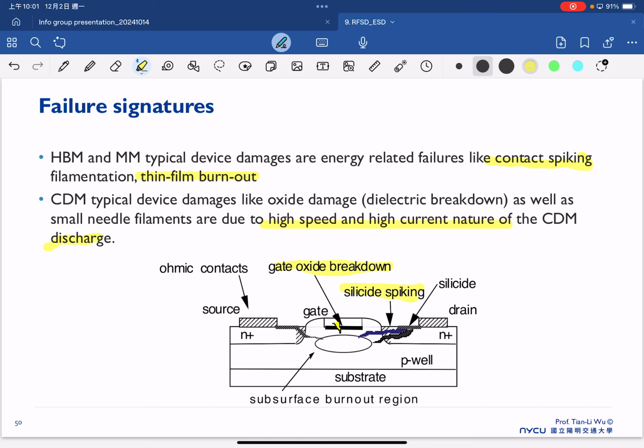Then gate oxide for sure becomes a very serious ESD challenge. But regarding silicide spiking, that depends on your process. So I would not say all these issues will definitely happen in your case, but this just reminds you that the failures under HBM and MM probably have the very same symptom, but the CDM might exhibit unique failures compared to other modes.